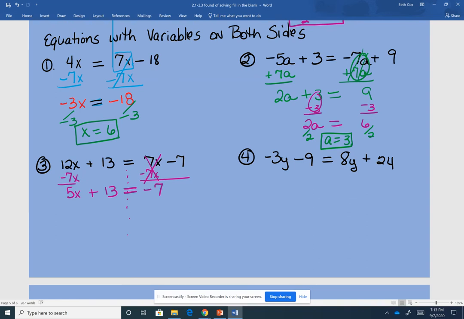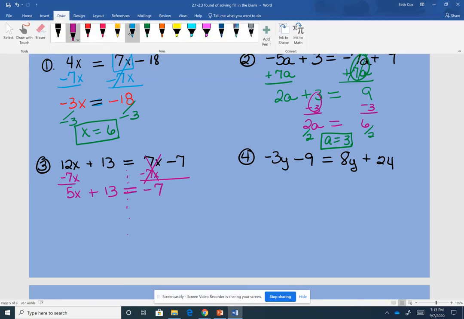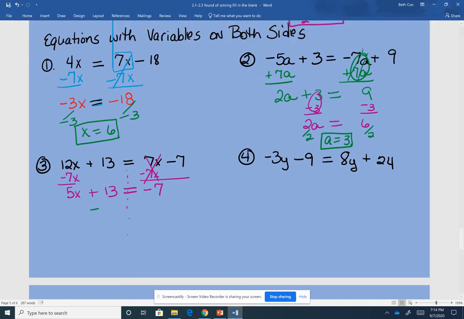And then again, looks like my other equations. Subtract 13 on both sides. That's 0. Signs the same, add the numbers, keep the sign, negative 20. Divide by 5 on both sides. And I get x is negative 4.